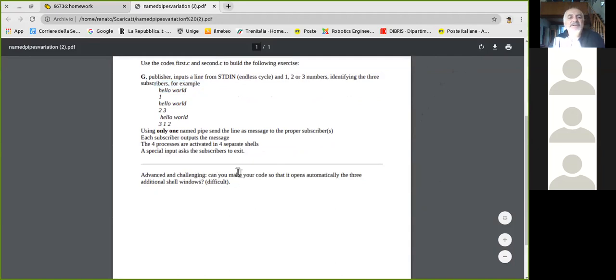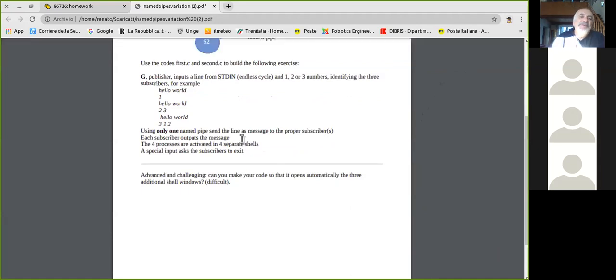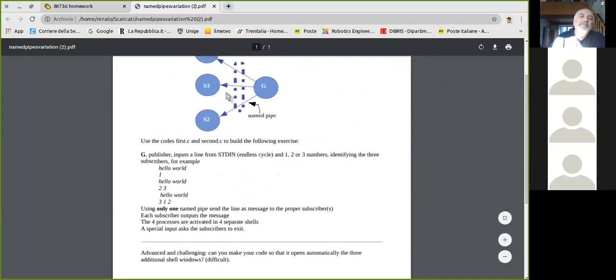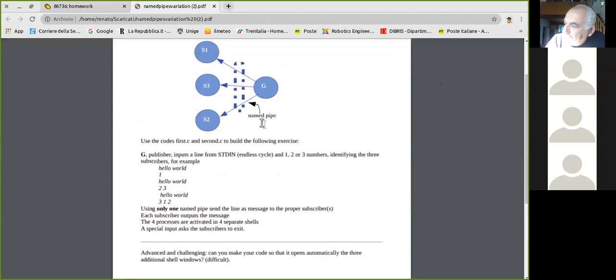Just a remark on this: advanced and challenging. The simplest way of implementing this is just to mimic the two examples, first.c and second.c, that I presented in the video clip, where there are two shells and you run the two processes separately.